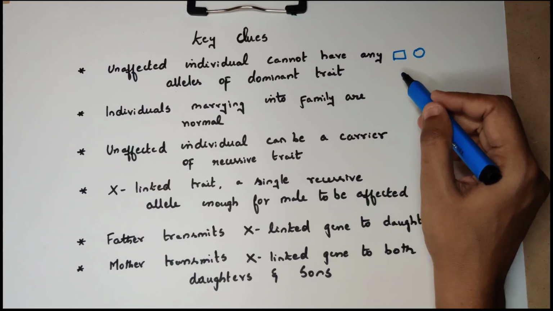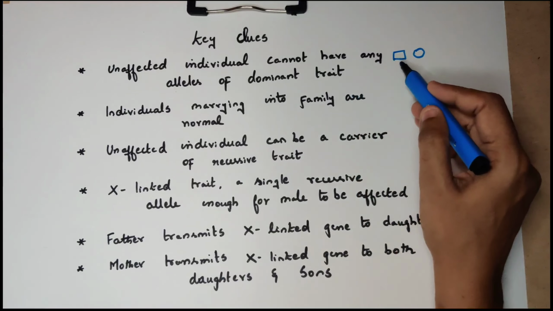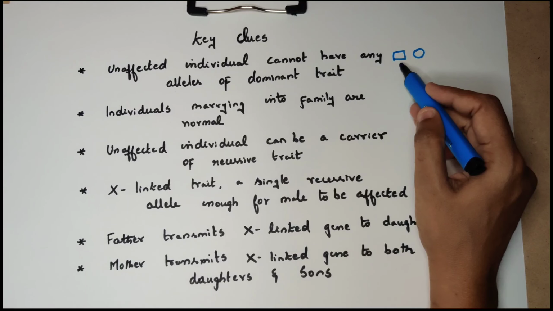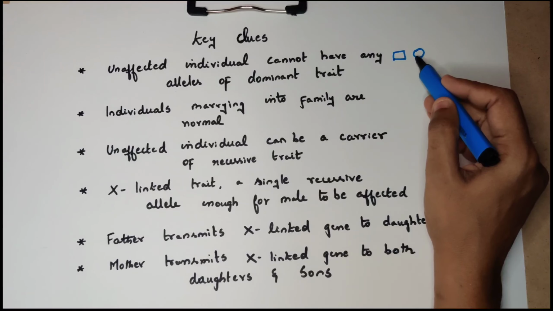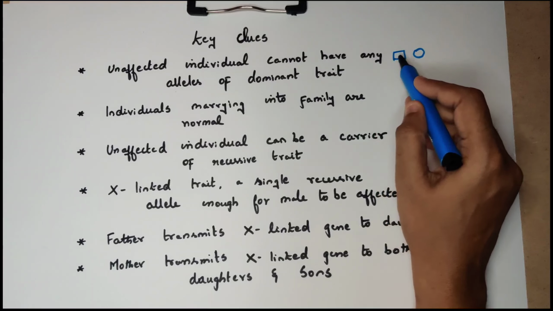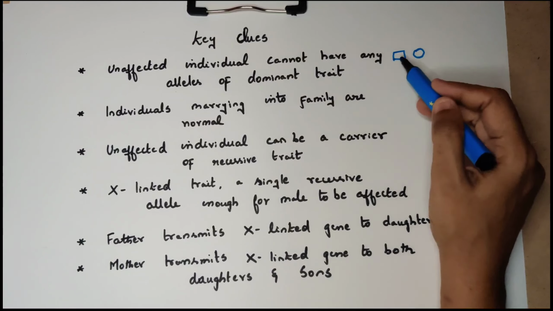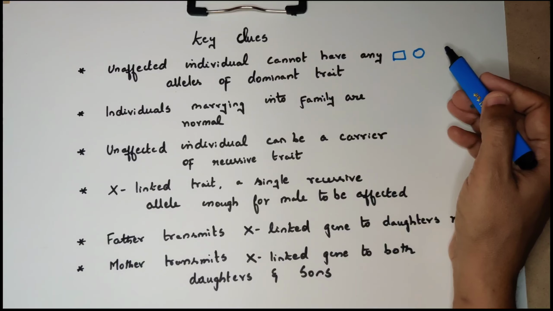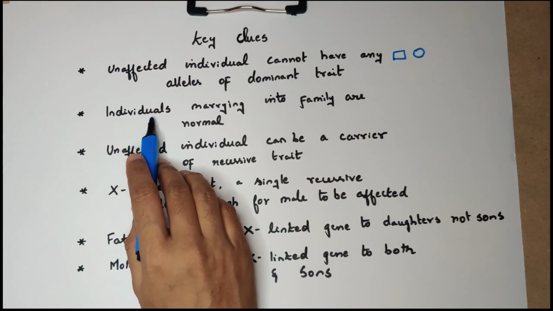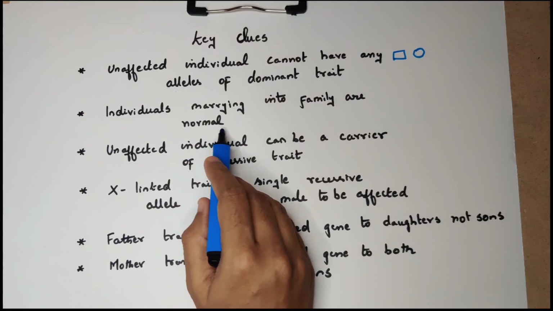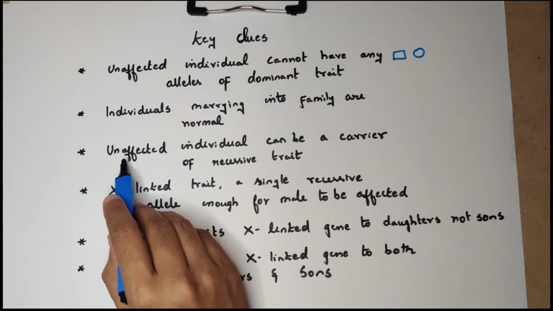If it is present in one of the DNA, it is enough to express the character. But unaffected individual will not have any alleles. That means it's very simple and clear that not even one single gene in them is affected. That's all. Next one, individuals marrying into family are normal. That I told you already.